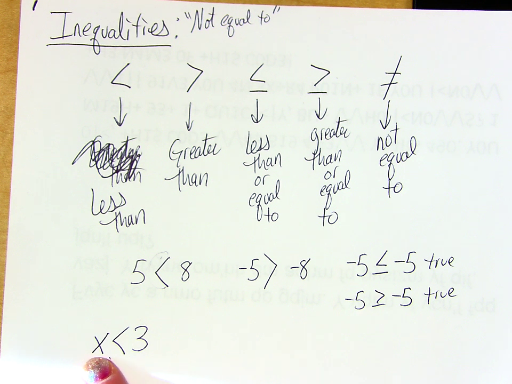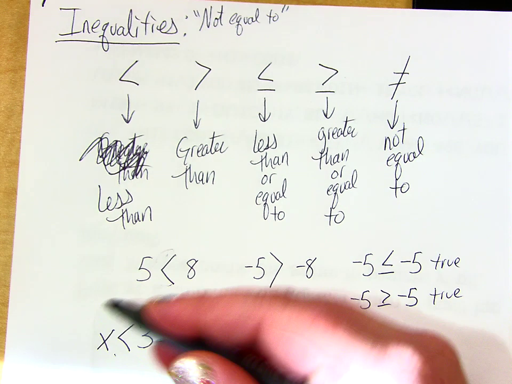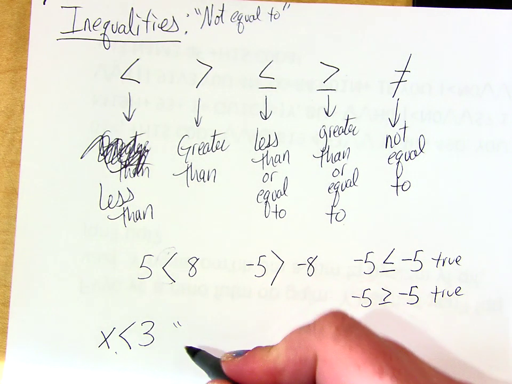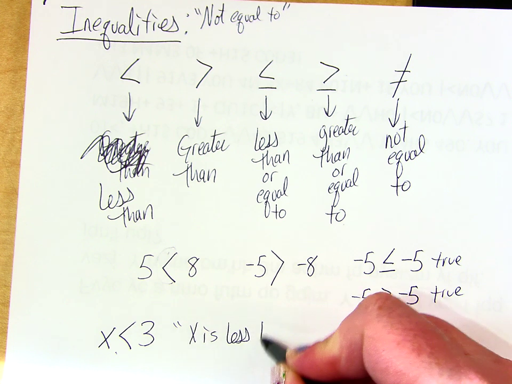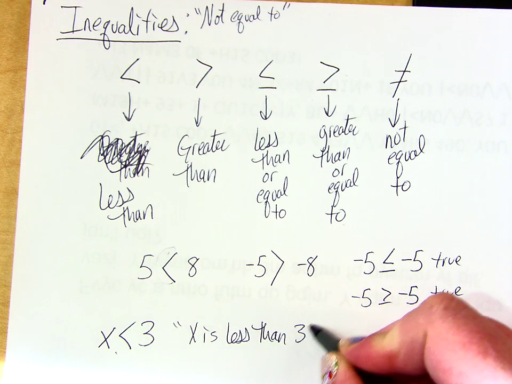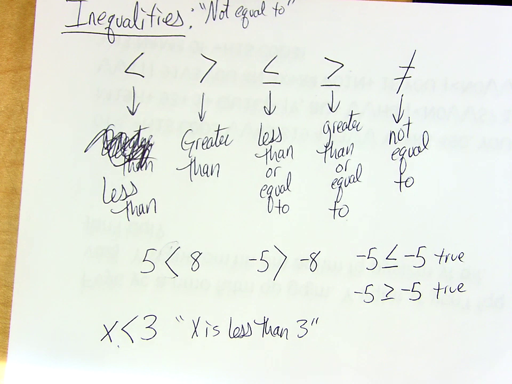No, because if it had the line underneath it could, but if it doesn't have the line underneath, 3 is not less than 3, so that would not be a true statement. So you would say it out loud as X is less than 3, and it represents all of the numbers in the whole wide world that are less than 3, but it does not include the number 3 itself.